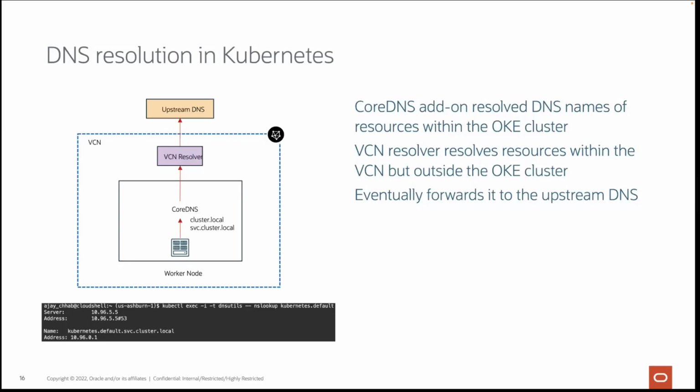So it would be foobar.default.oraclevcn.com. That would be the name that would be registered inside my CoreDNS. And if anything does not fit into that service name, then that particular service name.namespace name.service.local would eventually get forwarded to the VCN resolver. So this is how it works, kind of. So this was about how DNS really works in Oracle Kubernetes Engine.